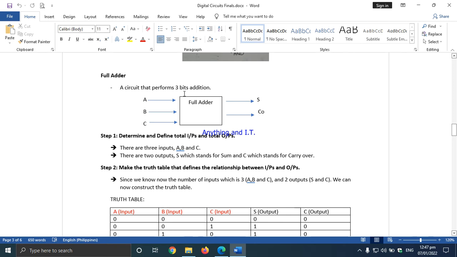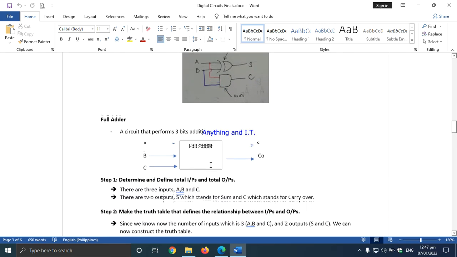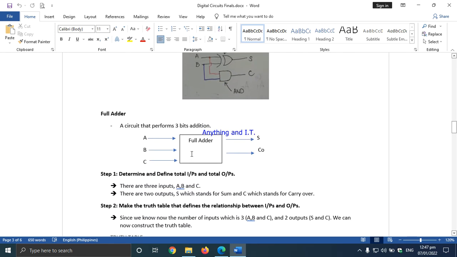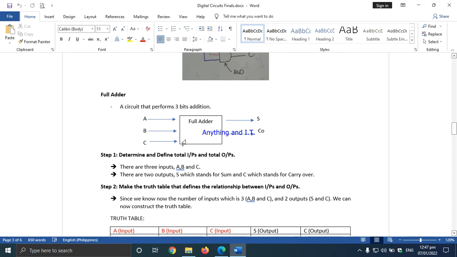The full adder performs 3-bit addition. Okay, so 3-bit addition. From the half adder, we just add one input, which is C, to make it 3-bit addition. Still, it has two outputs. We have sum and our carryover.